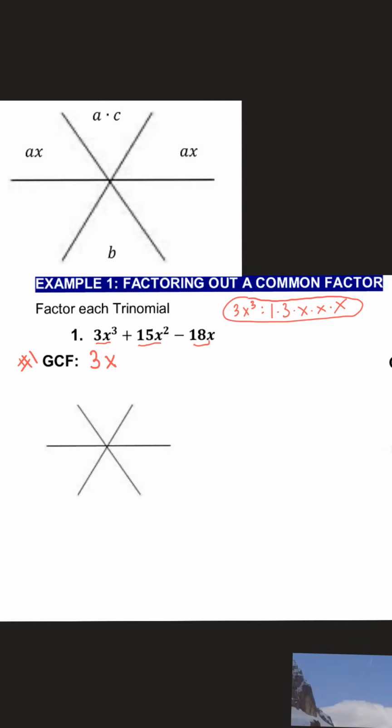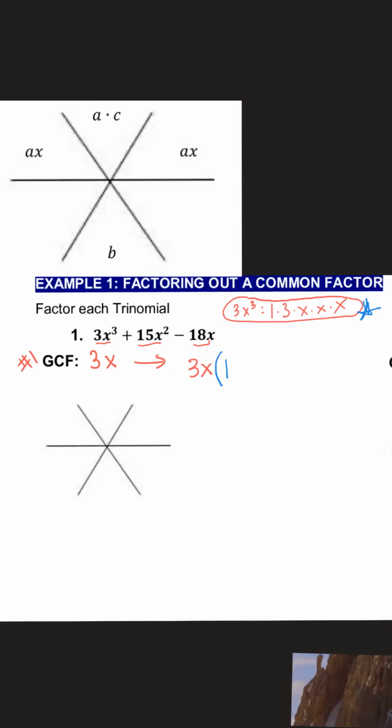Now, when I factor that out, because I need to do that, I'm going to keep my GCF out in front. So I'm going to have 3x and then parentheses, and then I'm going to divide everything. So if you did the circles, you're going to keep doing the same way that you were doing before. But if you're advancing with me, I know that 3 divided by 3 is 1.